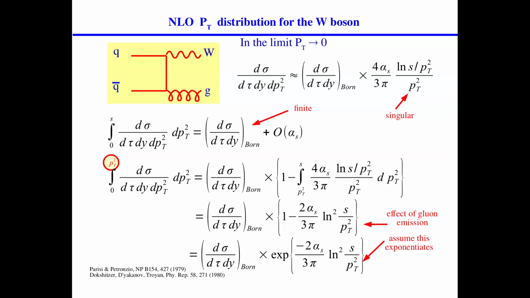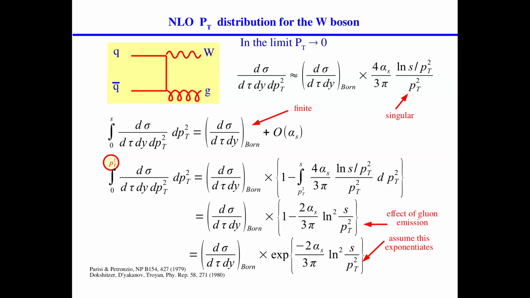When I integrate this, I get a double log, a log squared. There's a factor of 2 that comes in. And so this is my cross section integrated up to a particular PT. So if I go back to that diagram and ask how much is there between 0 PT and 1 GeV, 2 GeV, 3 GeV, that's my answer.